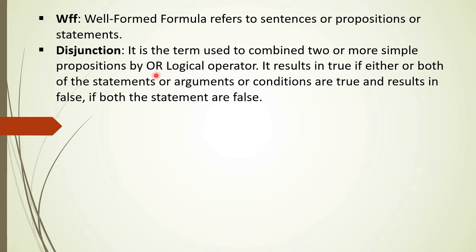It means when two simple propositions are combined with the or logical operator, it is disjunction. When both of these conditions or statements are true, the result is true, and if one of these statements is true, it also results in true. Otherwise, it results in false.